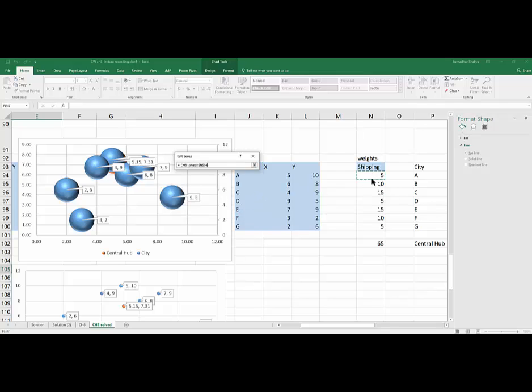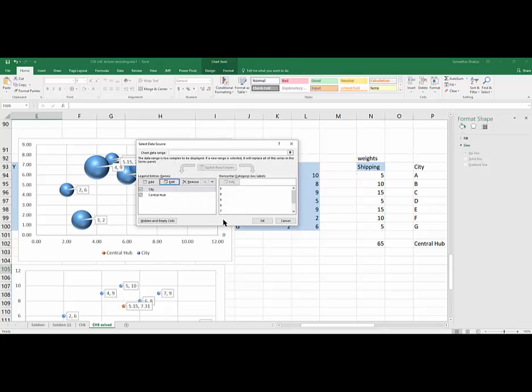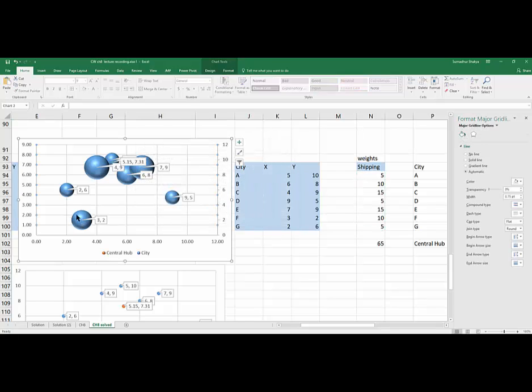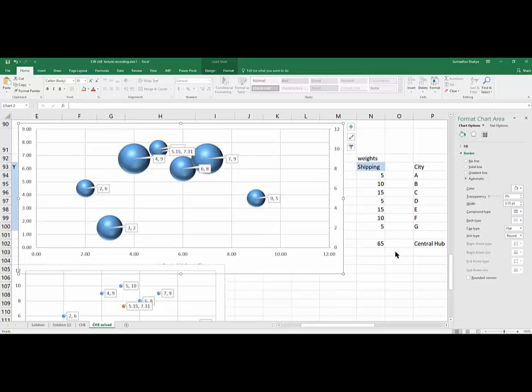Now bubble size, let's say I want them to be represented by the shipping loads. When I hit OK, now all of those locations are represented by the relative shipping volume that each of the cities is handling. So it shows us the importance of each of the locations by the size.